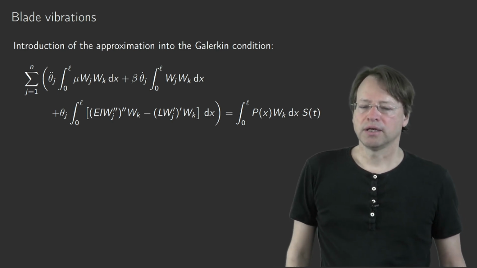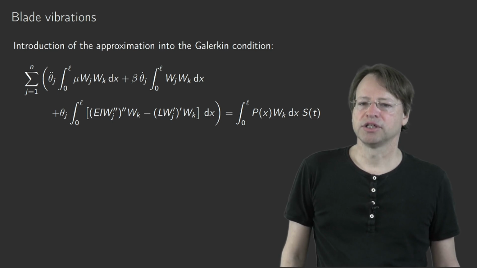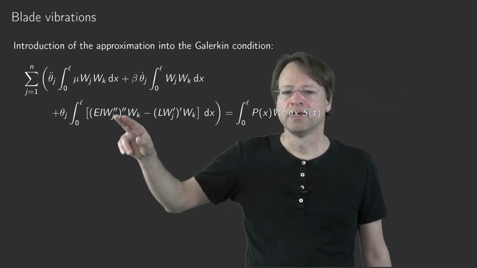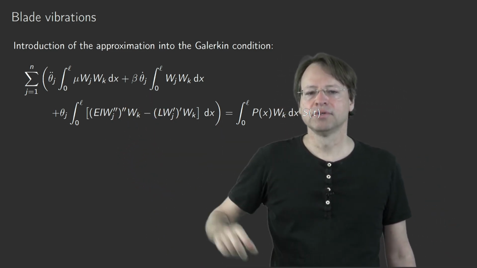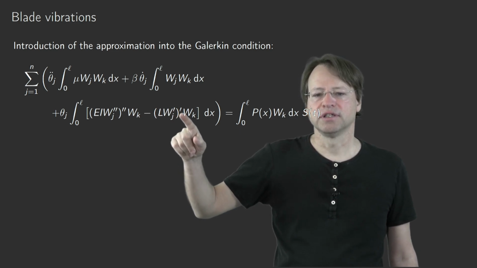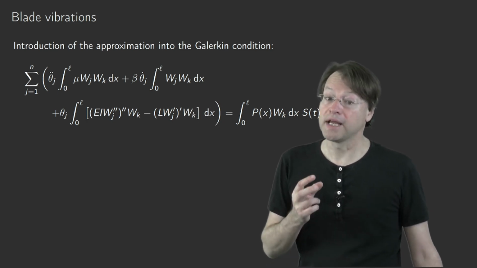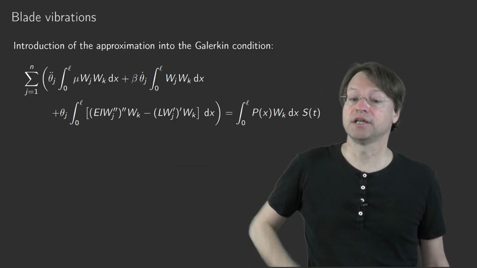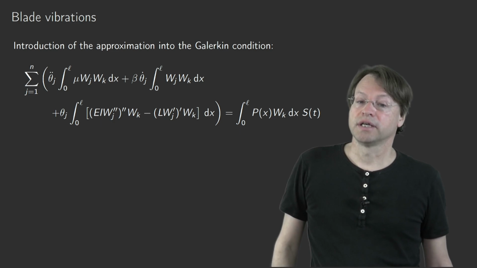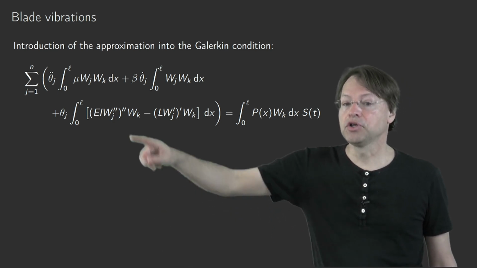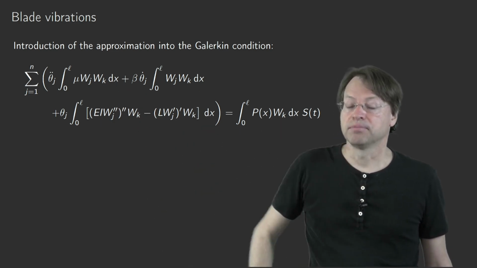Well, now let's carry out partial integration in order to shift the two derivatives to that w, and that derivative here to the other w, in order to be able to apply the orthogonality relationships to that term as well. Because this term is already perfect.